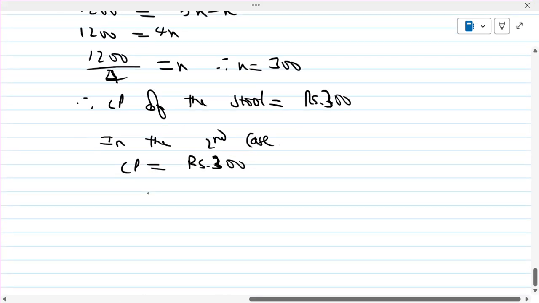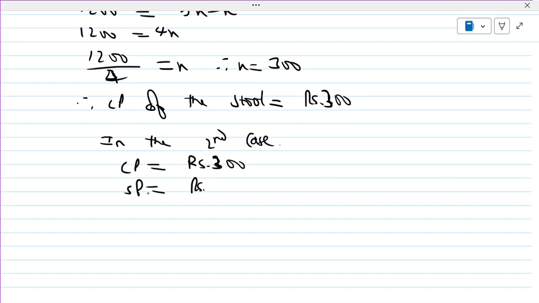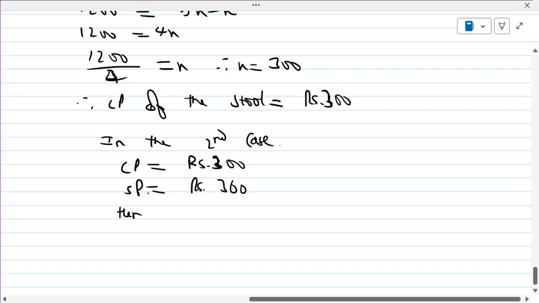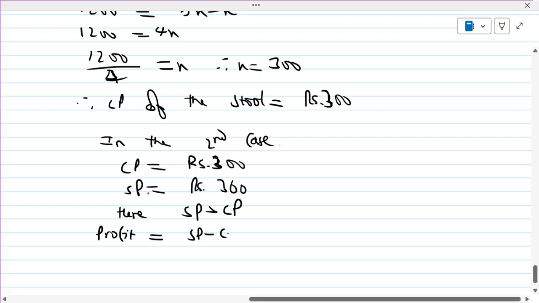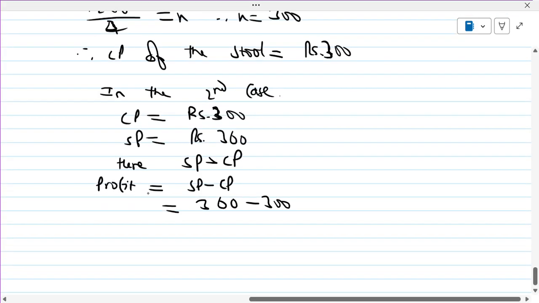So selling price is rupees 360. CP and SP are both given, and now we can compare. Selling price is bigger than the cost price, so obviously there is profit. So profit equals SP minus CP, 360 minus 300, so the difference is rupees 60.